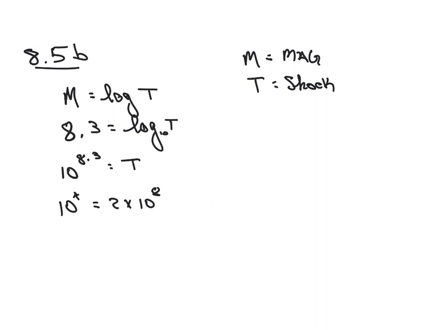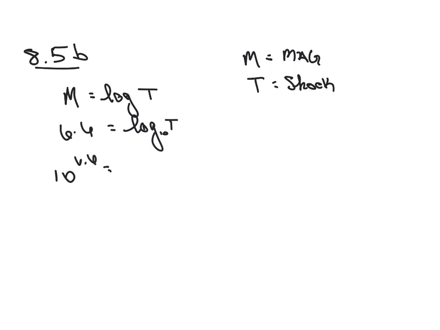All right, so the next one, same thing, nothing has changed at all. The only thing that has changed is the city where the earthquake took place and the magnitude of the earthquake, and in this case, it's 6.6. So 10 to the 6.6 equals what?